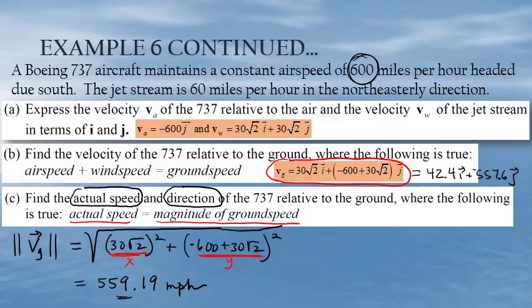So I'm going to use tangent of theta, and I'm going to set that equal to my y over my x. And don't be afraid of this, because again, you've got a calculator. So you've got negative 600 plus 30 root 2 as your numerator, and you have 30 root 2 as your denominator. So you're going to put all of this into your calculator. Theta is going to be tangent inverse of all of that.